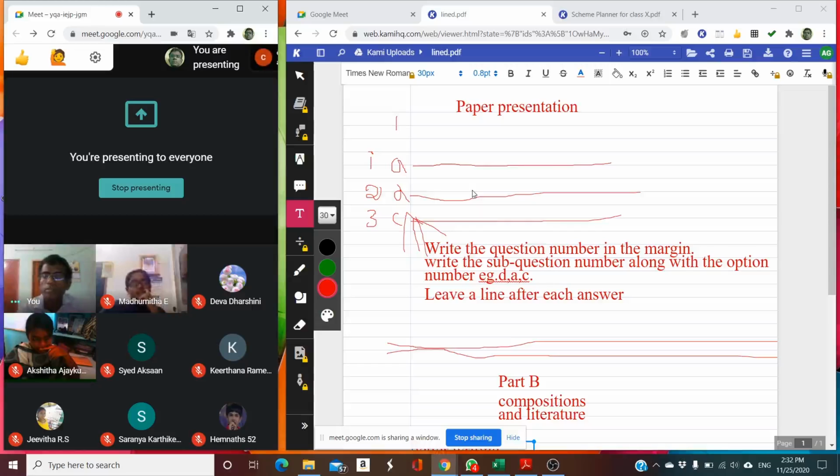Anybody else? About letter writing. It is an important question, a 5 marks question. Letter writing is a sure question. I am going to tell you about the format. First, let us see what is given in the curriculum about what has to be prepared for the letter.